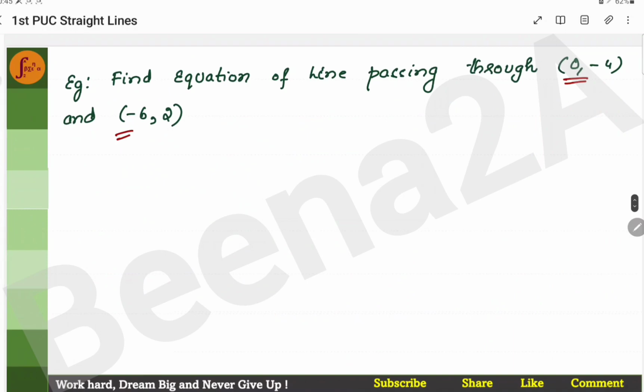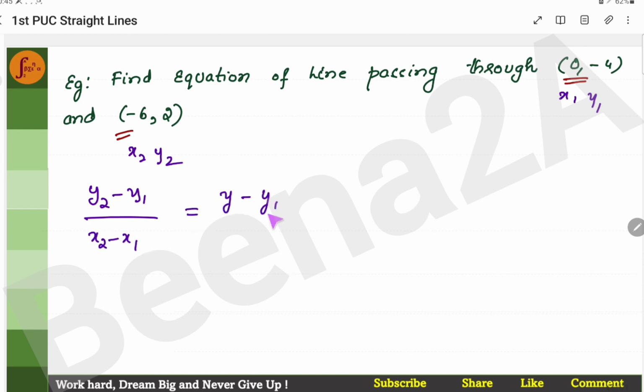So let's take this particular example. Let's take the equation of the line passing through these 2 points. We'll take them as (x1, y1) and (x2, y2). So we'll use the formula (y2 minus y1) by (x2 minus x1) is equal to (y minus y1) by (x minus x1).